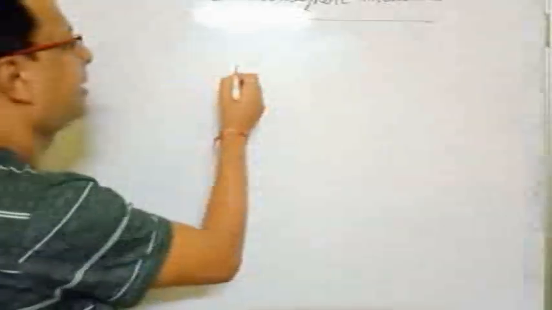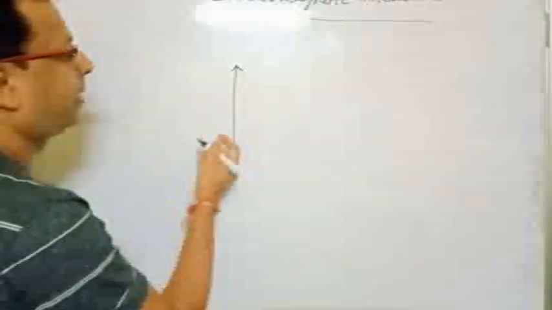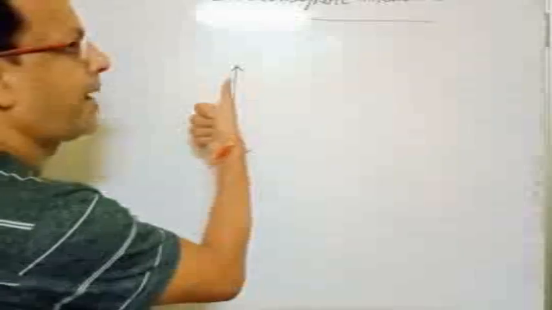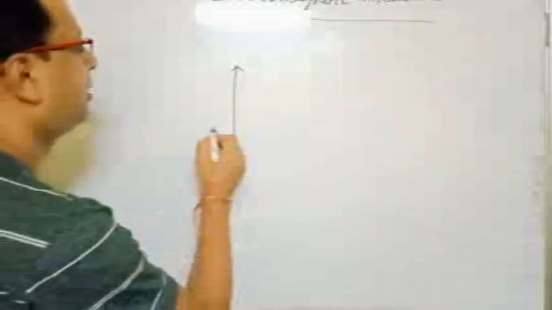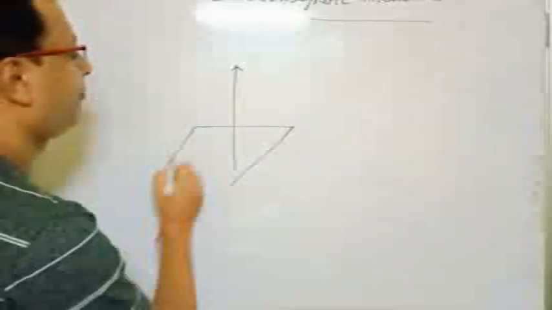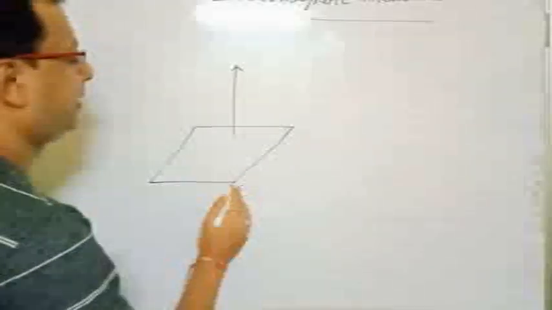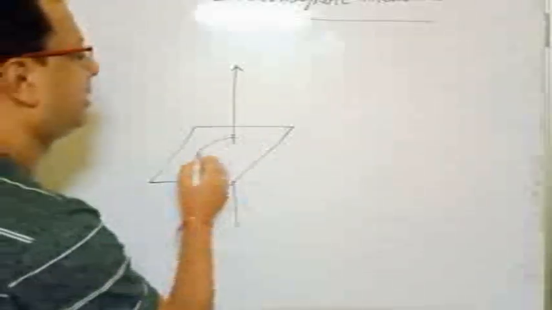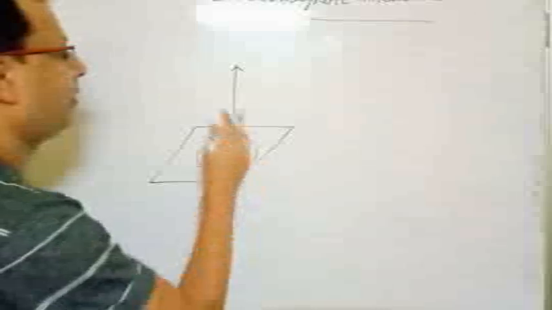Now, we all know that if we pass a current through a wire, this wire has a magnetic field all around it. So, if you have a wire which is carrying a current, it has a magnetic field all around it.